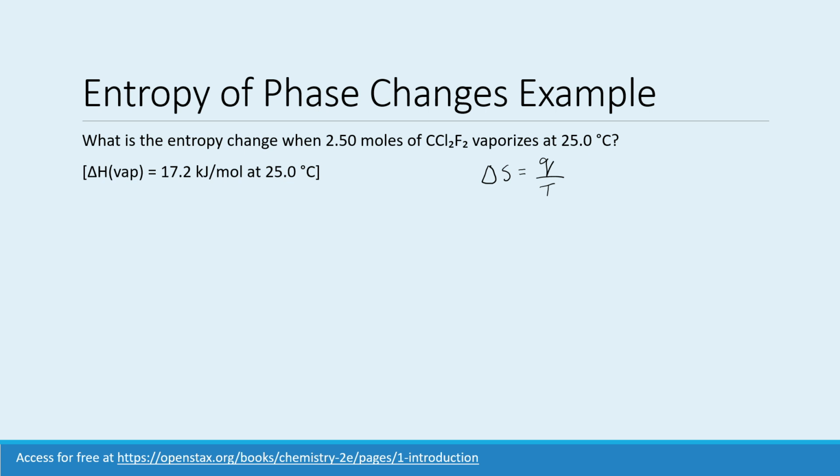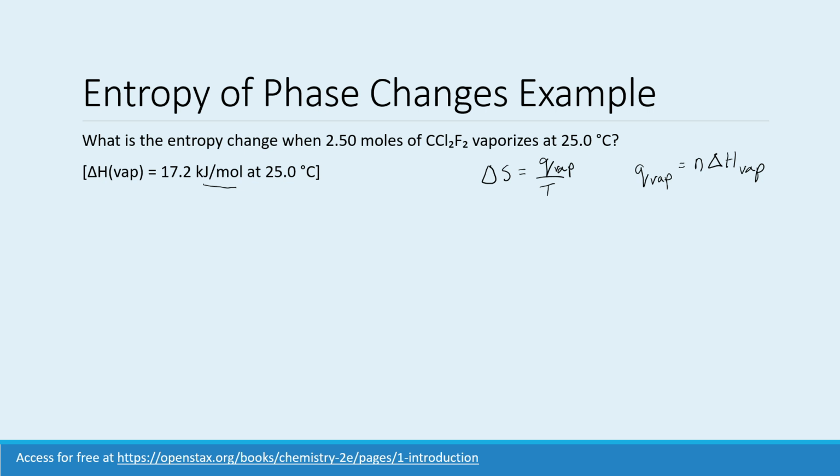Okay, and we learned in the section on phase changes that if we're looking for the heat due to vaporization, right, so Q of vaporization is going to be equal to the number of moles that we have times the delta H value of vaporization, right, because it's a conversion factor in kilojoules per mole.